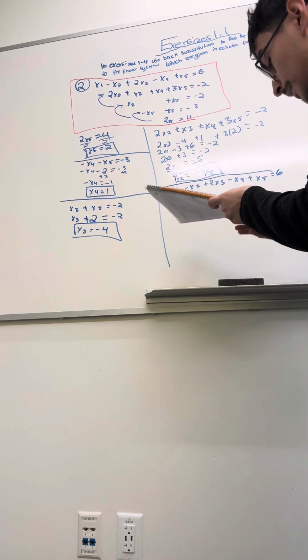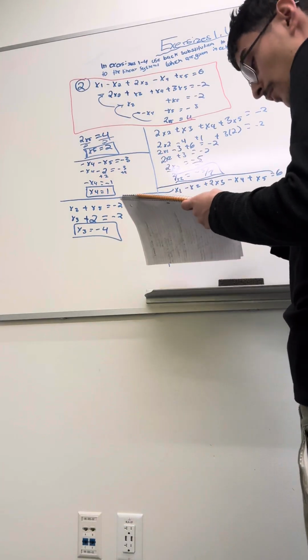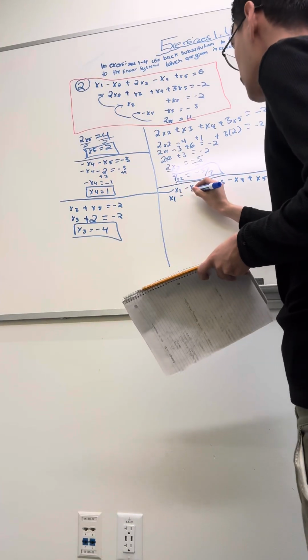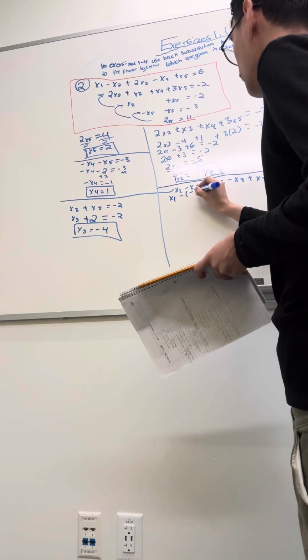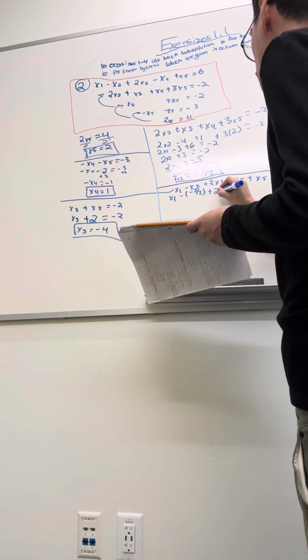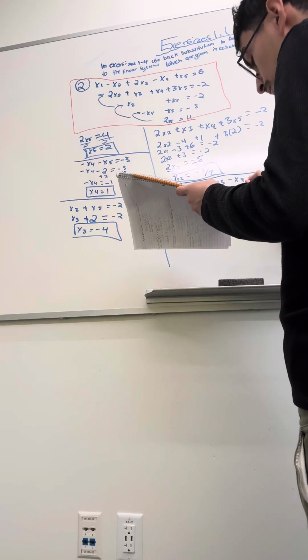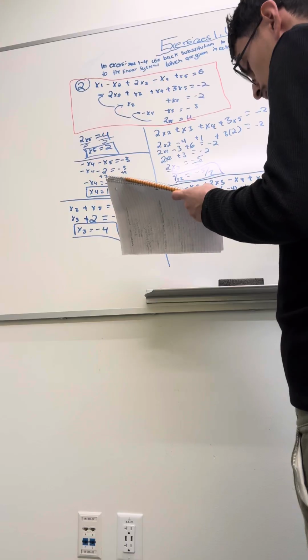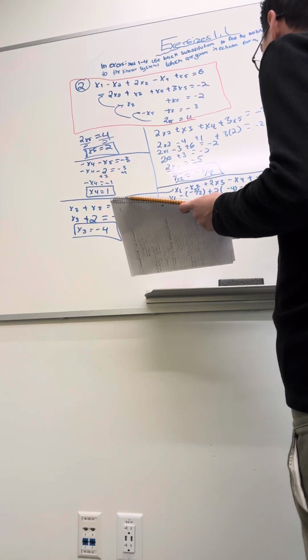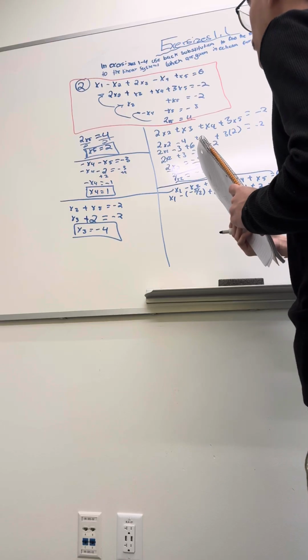Again, we're just going to plug in the values that we already found. We're going to leave x1 alone because we don't know what that is yet. So x1 minus negative 5 over 2 plus 2 times negative 4 minus 1 plus 2 equals 6. That looks right.